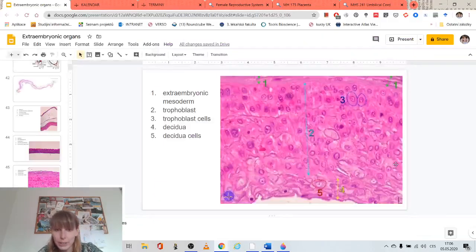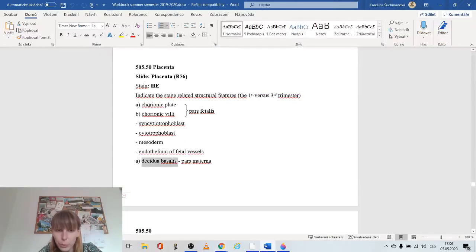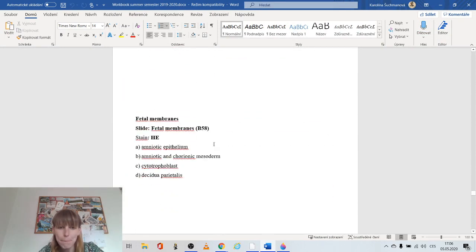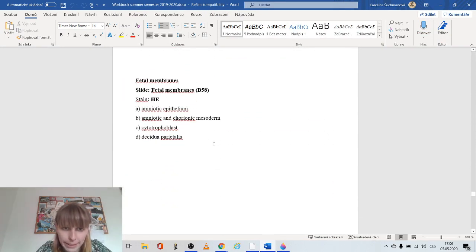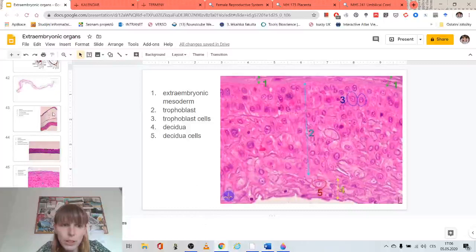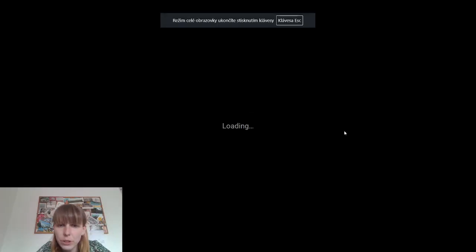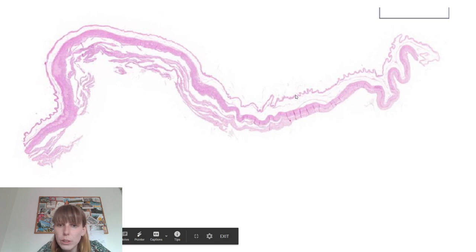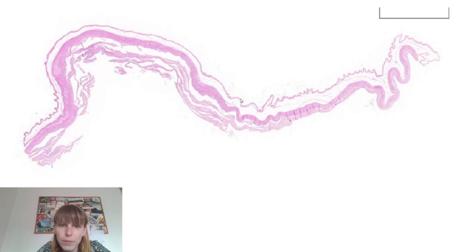So let's return to the workbook and check if we have seen everything. In the fetal membrane slide, you should be able to find the amniotic epithelium. When you zoom in to this structure under the microscope, you need to focus on the edges, and on one of them, on this one in this case, you will find a simple cuboidal epithelium.